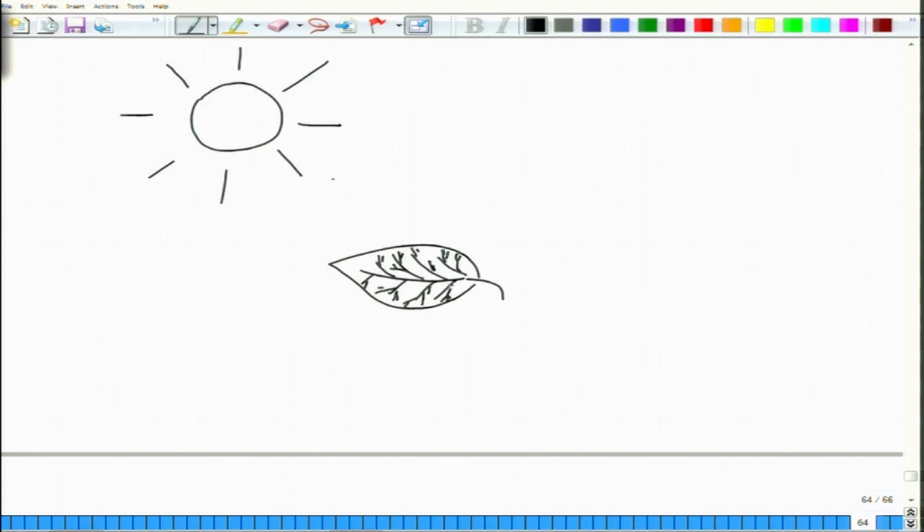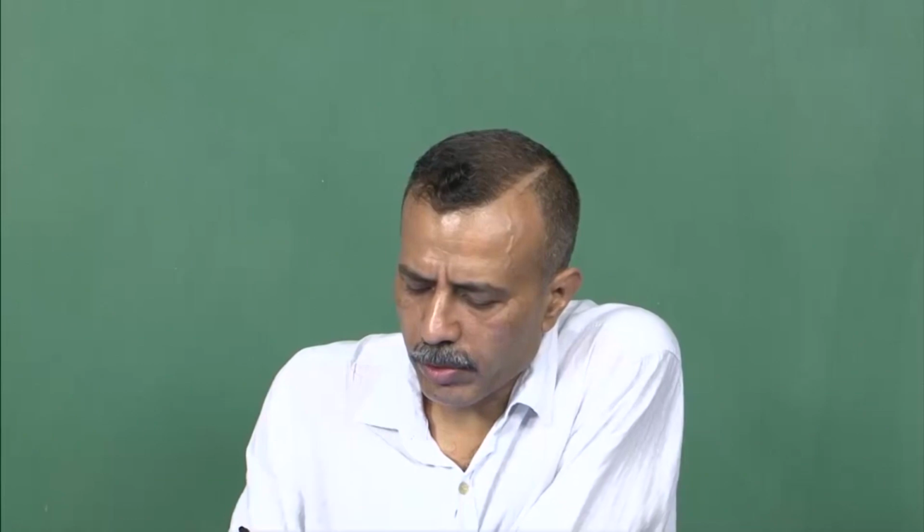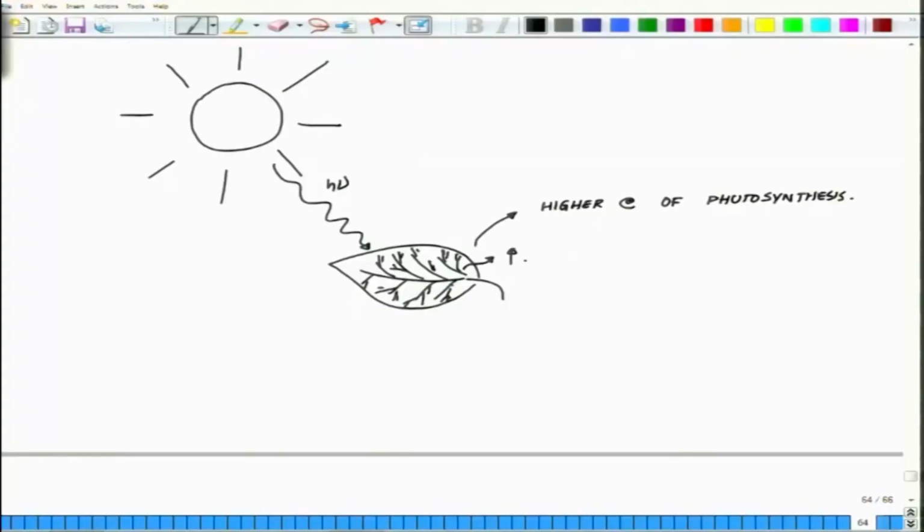Now, higher rate of photosynthesis essentially means we are increasing the area of trapping the light. So, in other words, it means these plants will have a higher level of chlorophyll, which has already been documented.